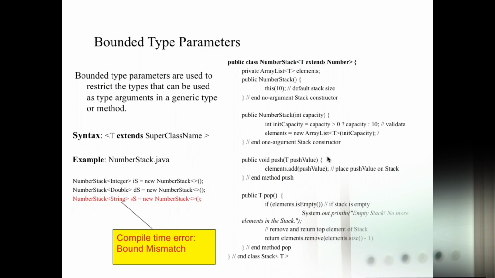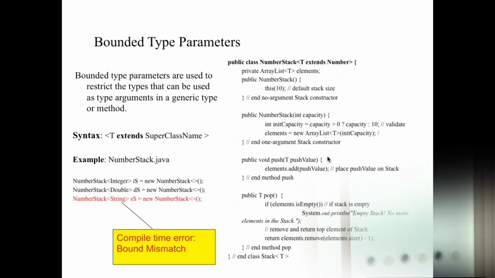Then you can bound it. You can put limitations. You can restrict that your generic code should work with only this set of values. It should work only with this class or its subtypes, not with the other class. It should work with class A, but not class B. How can you do that? You can do it by bounding it.